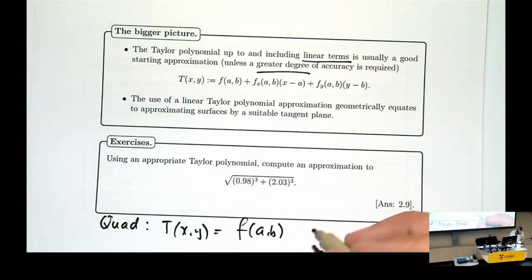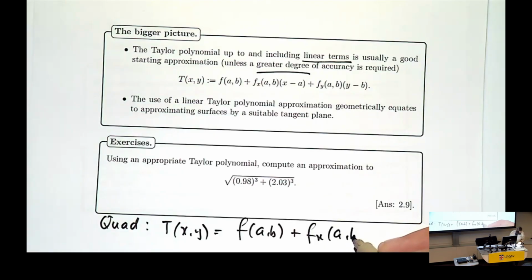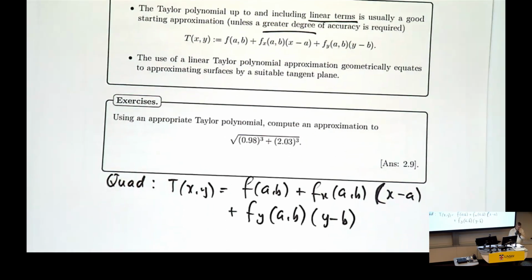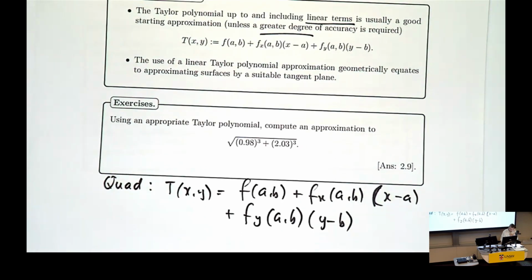So it's all of this plus some extra terms.